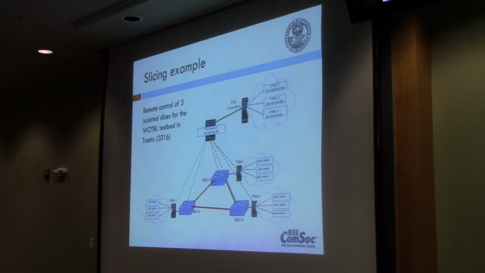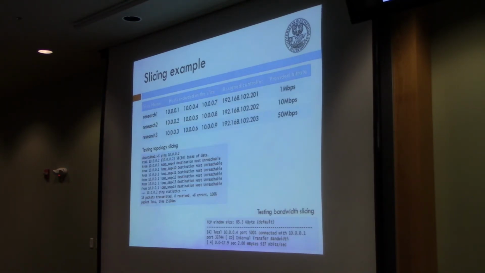We demonstrated that with FlowVisor, by defining these three slices, of course, you have to tell the FlowVisor the IP of the controller, because it has to know where the request will come from. We sliced very simply, because there were other experiments. We decided to slice 1 megabit in the first case, then 10 and 50.